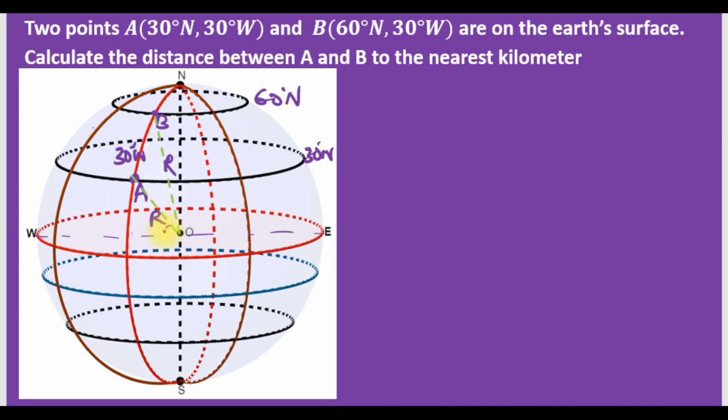From here to here is 30 degrees. Have you seen it? So that's how we moved. So this is 30. From here to here is 60. So since here is 30, the remaining should be 30 to make it 60. So 30 plus 30 is 60. Do you see the logic?